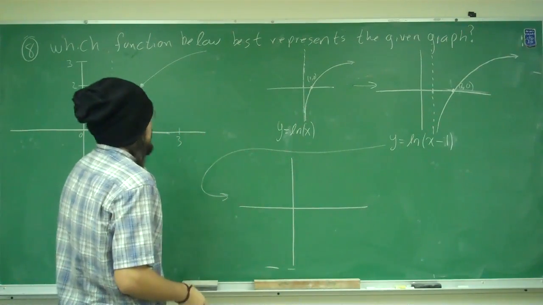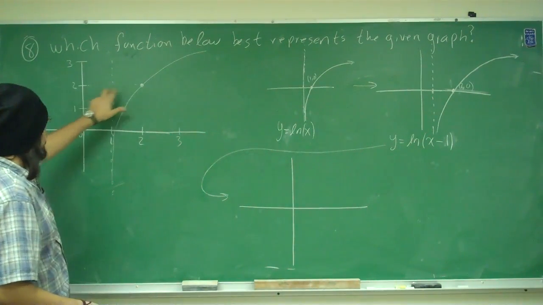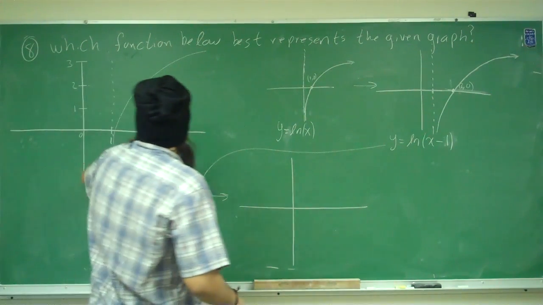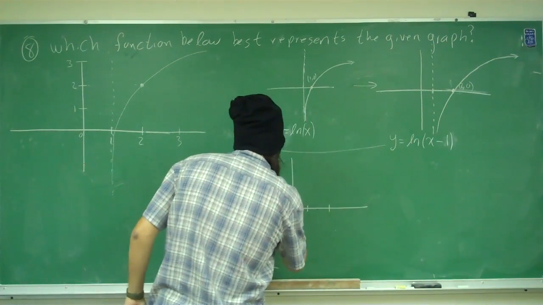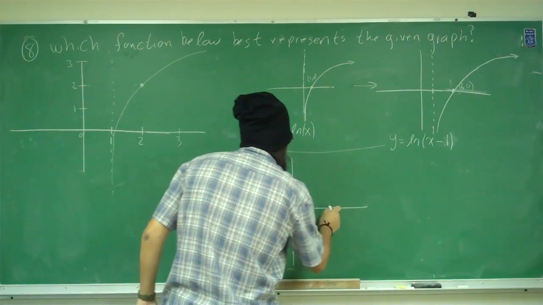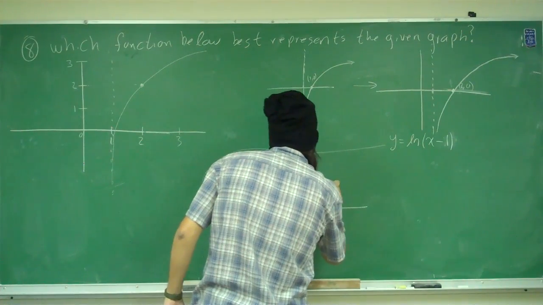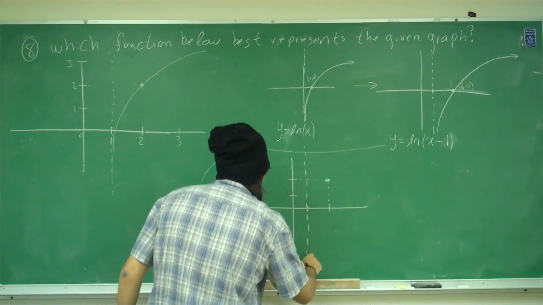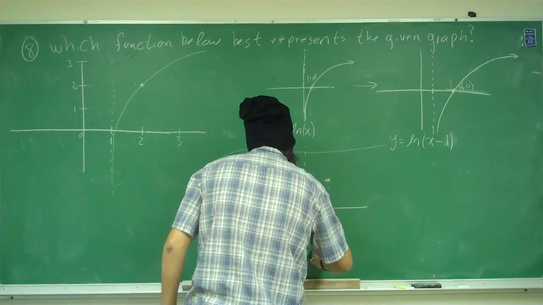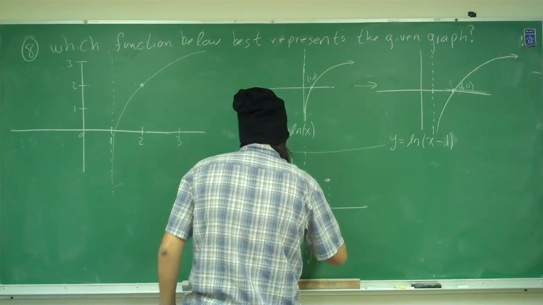Alright, there we go. I want to shift it up 2 units, so I want to make it look like this. So we have 1, 2, 1, 2. So I want to shift that point up here. We still have a vertical asymptote here at x equals 1. And now we have this.